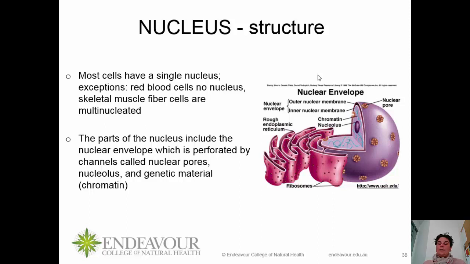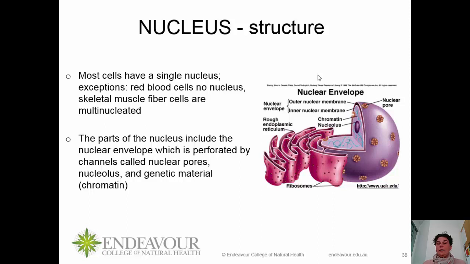As I said previously, most cells actually have a single nucleus. There are a couple of exceptions, and I've already mentioned one of them, and that is the skeletal muscle fiber, or muscle cell, that has multiple nuclei. So there's more than one nucleus in one cell. That's what we call multinucleated.